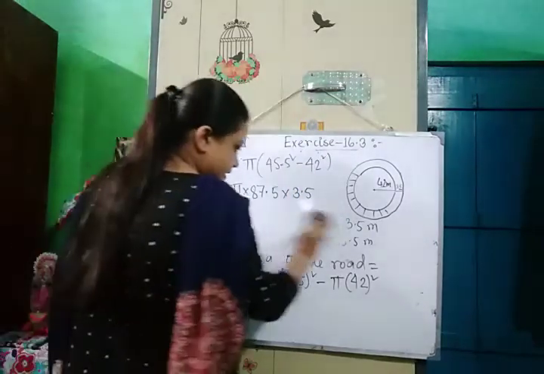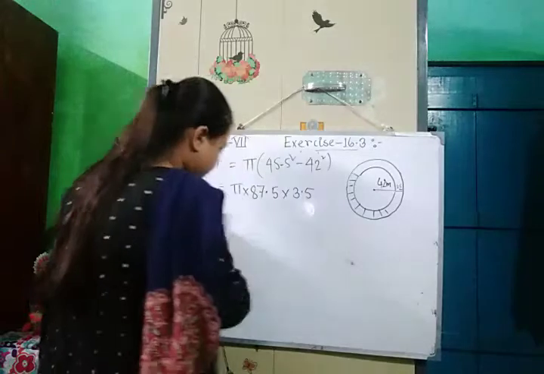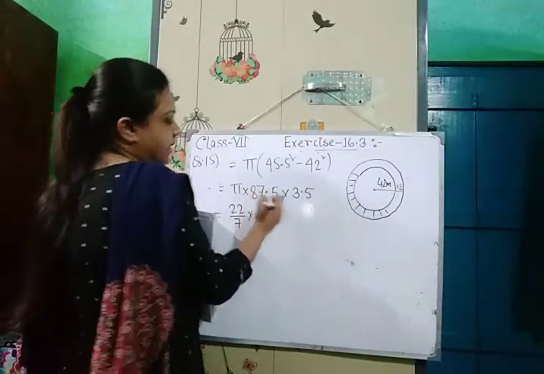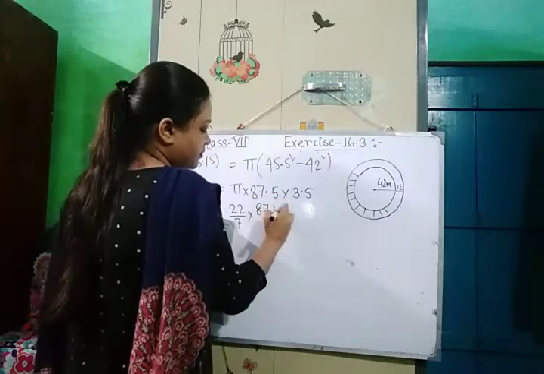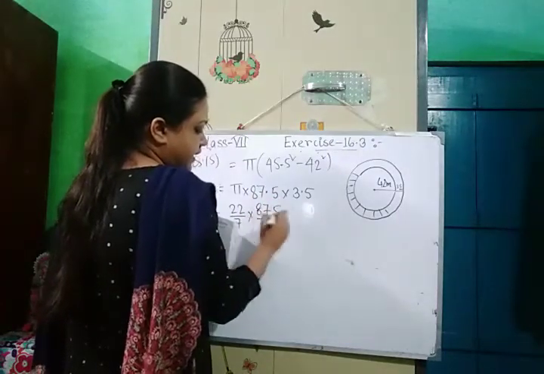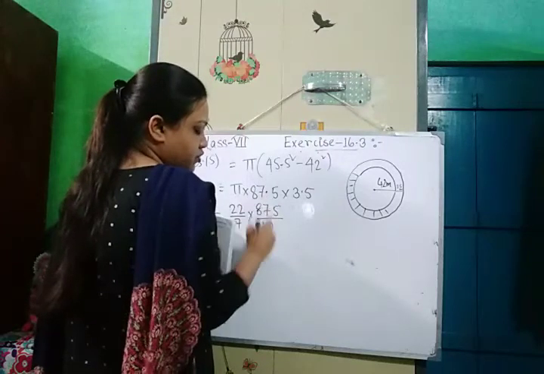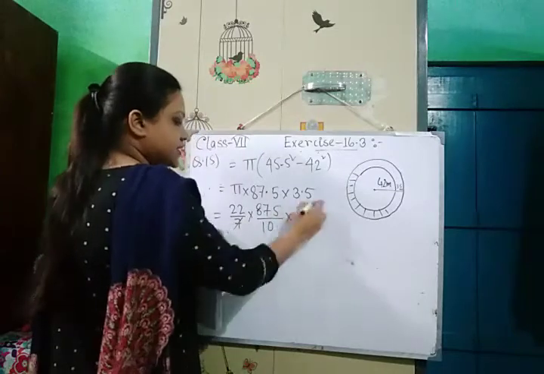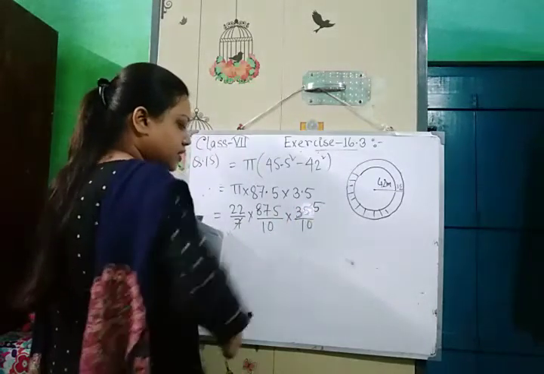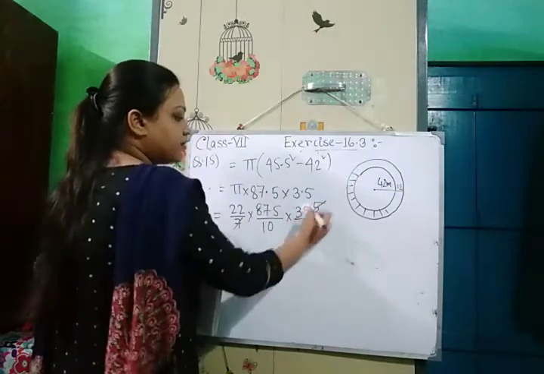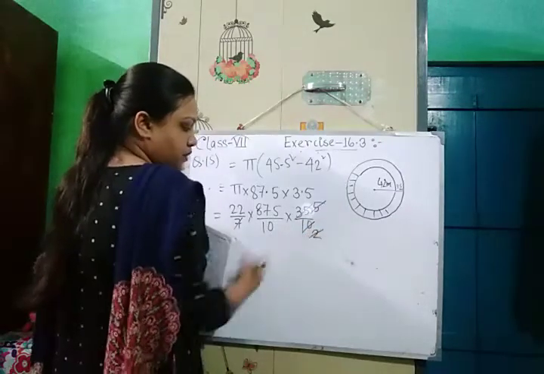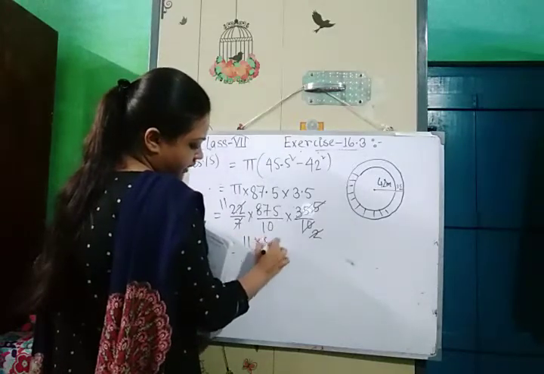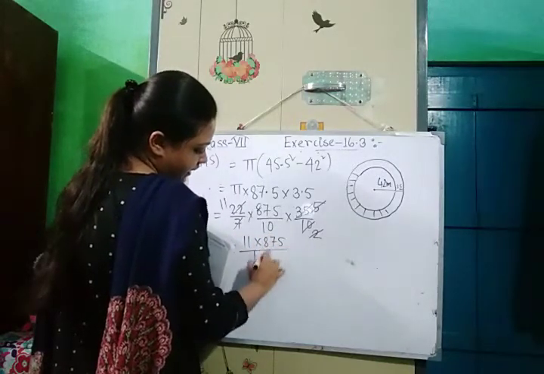Now we will do the cancellation. Pi's value is 22 by 7. 87.5 divided by 10, 875 divided by 10 to omit the point, and here 35 by 10. So 7 ones are 7, 7 fives are 35. 5 ones are 5, 5 twos are 10. 2 ones are 2, 2 elevens are 22. So it's 11 into 875 divided by 10.